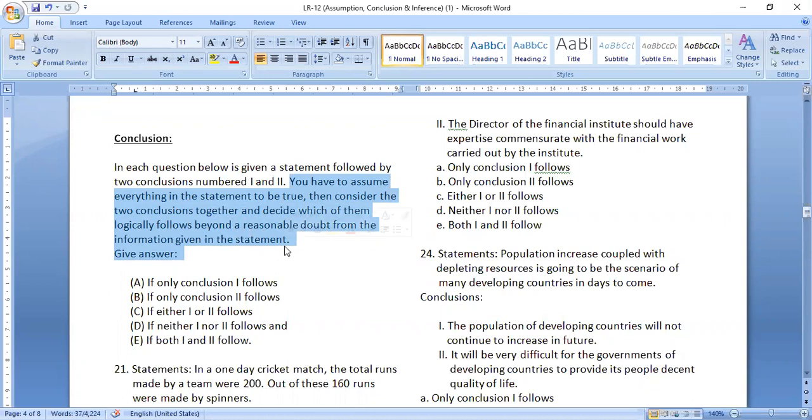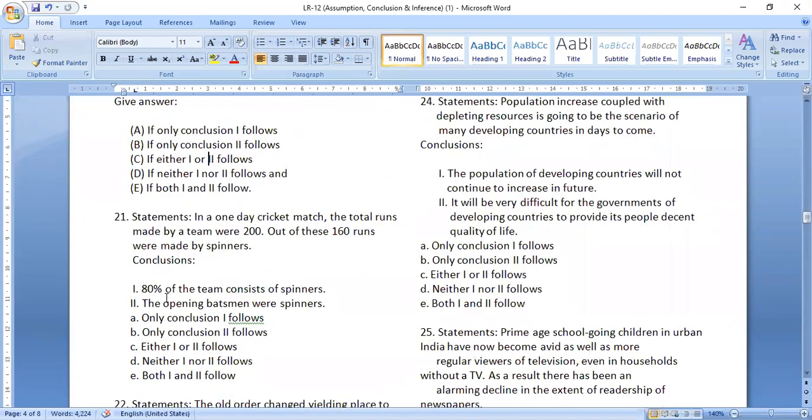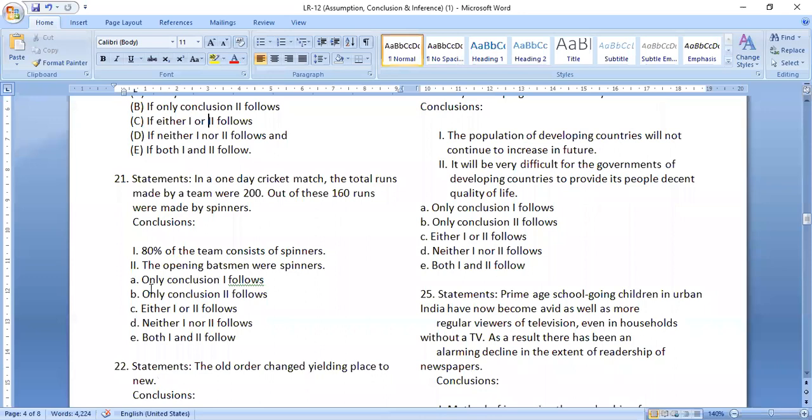Okay, so I think you can probably take 6 minutes or 5 minutes to solve the next 5 questions, and then we will move on to the rest.